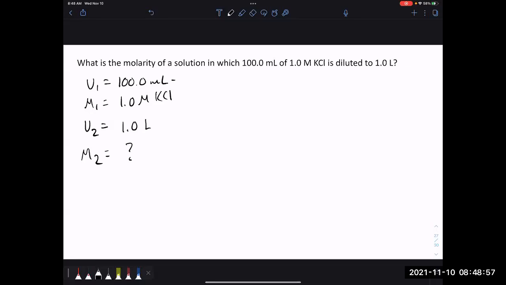So this is going to divide by 1,000, or move the decimal place over to the left three spaces. And we'll get 0.1000 liters.